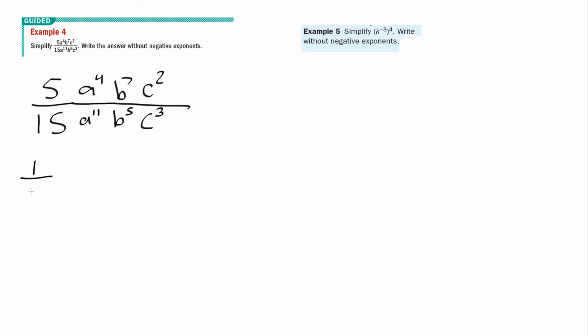And this is times a to the 4 minus 11. So 4 minus 11 is going to be a -7 times b to the 7 minus 5 is going to be 2, so b squared, times c to the 2 minus 3 is a -1.